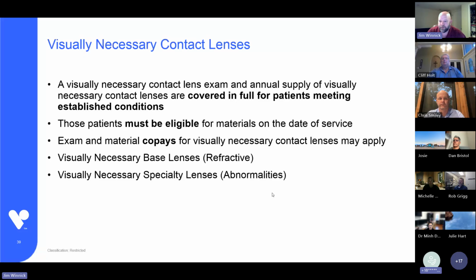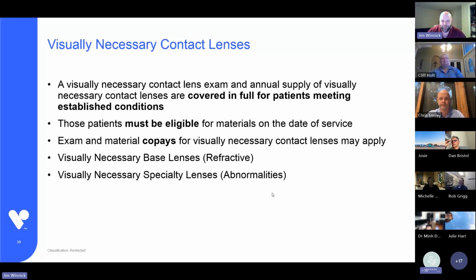Patients must be eligible for materials on the date of service. That's important, especially if you're a doctor that neighboring doctors refer to for specialty lenses, let's say keratoconus, one of the most common conditions that we work with.